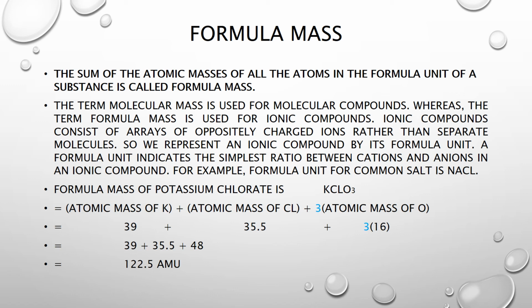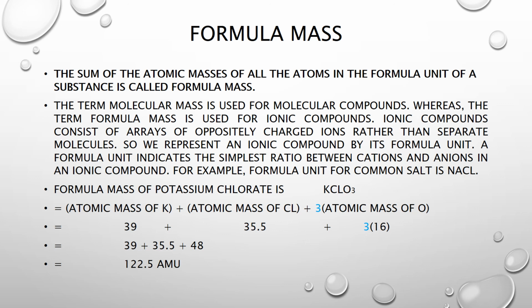In case of formula mass, we again just sum up the atomic masses of all the atoms in the formula unit of a compound. The example given here is the formula mass of potassium chlorate, KClO3. 1 atom of potassium, 1 atom of chlorine and 3 atoms of oxygen combine together to form potassium chlorate.